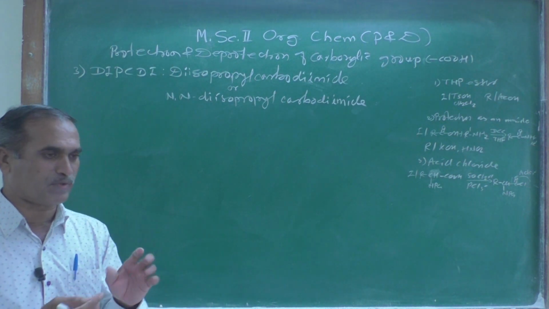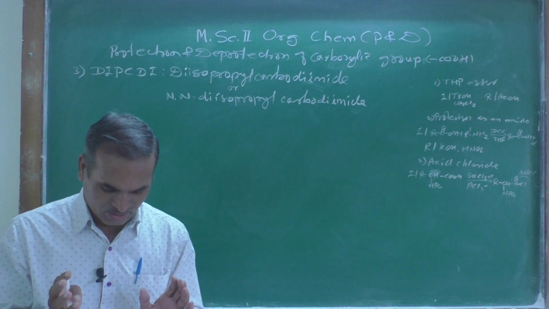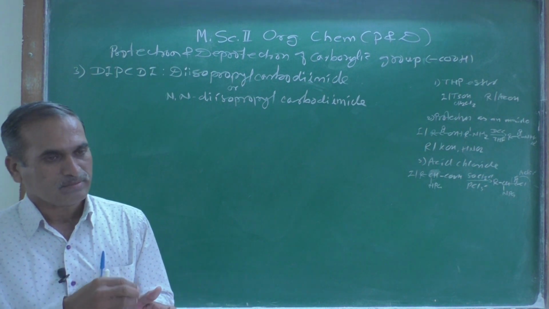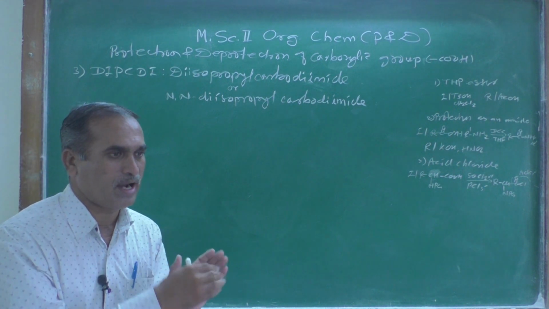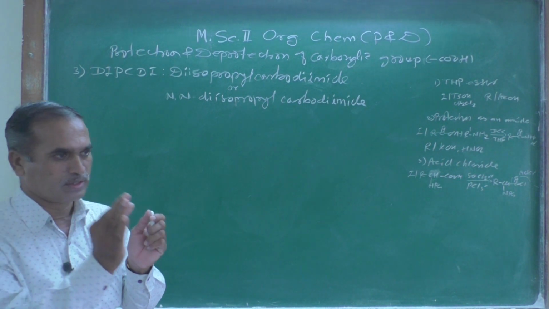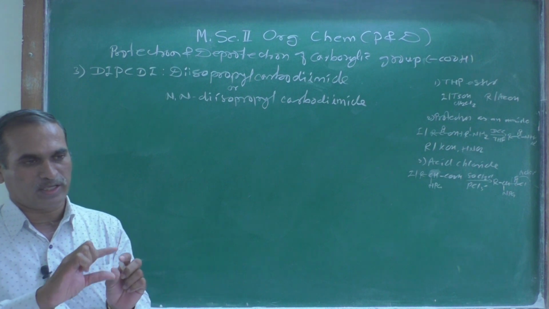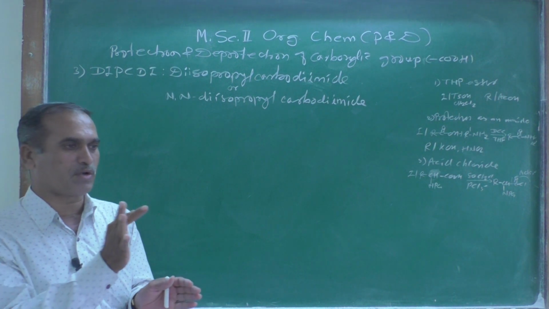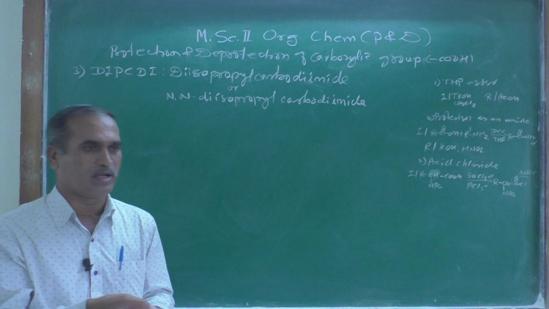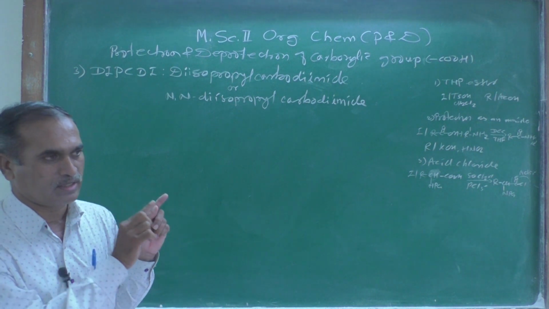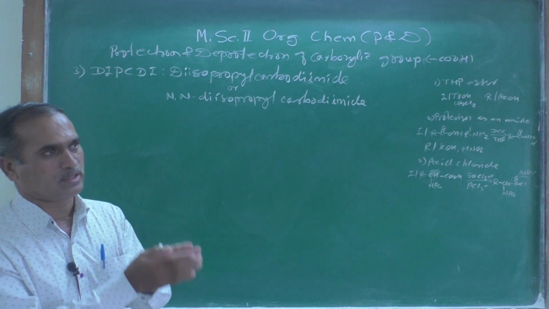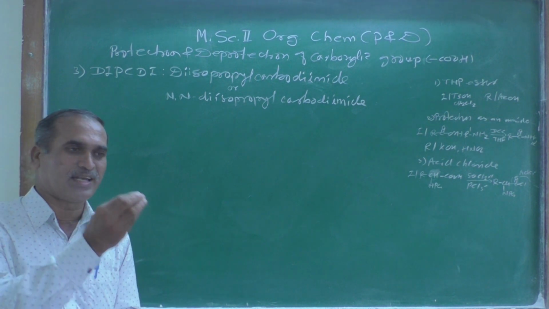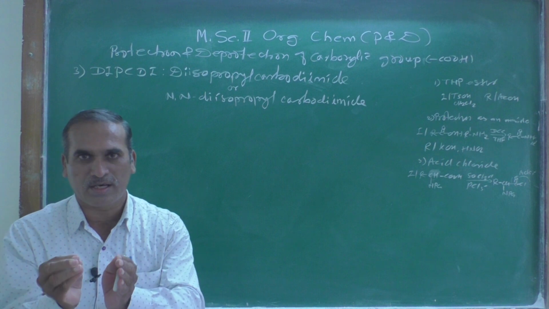So far we have seen that the carboxylic group can be converted into the ester group. When converted into an ester group, what is happening? The reactivity of the ester group is less as compared to the carboxylic group.